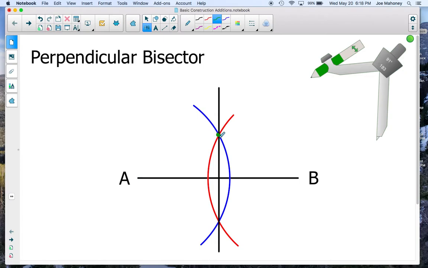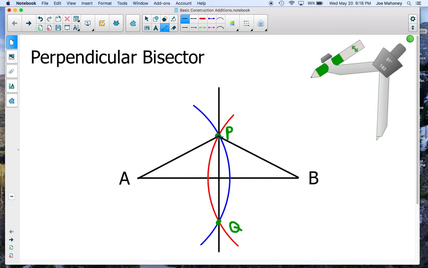So what happens if you're at this green point here that we call point P? Or this green point down here that we call point Q? Well, because P is on the blue arc and P is also on the red arc, it's the same distance from A as it is from B. We use this phrase equidistant.